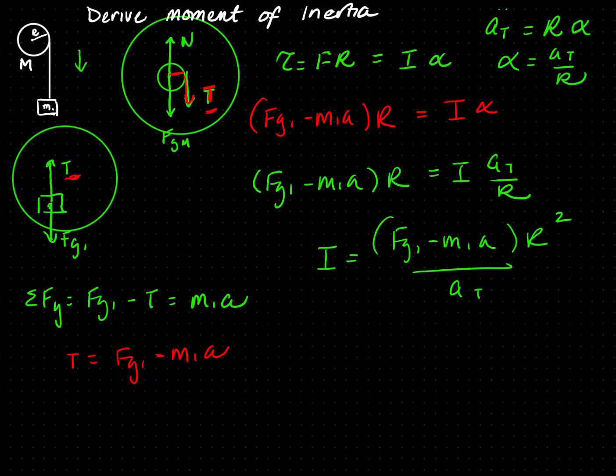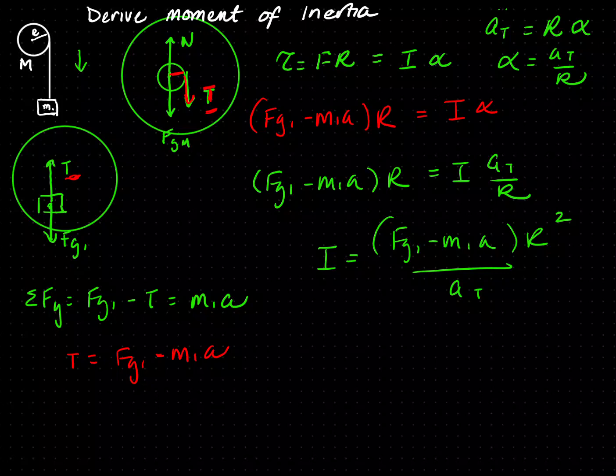Remember, the tangential acceleration is the same for the whole system because they are bound by one rope. We do not include the normal or the weight of the pulley as a force in our net torque because they are at the pivot point. So r is 0.